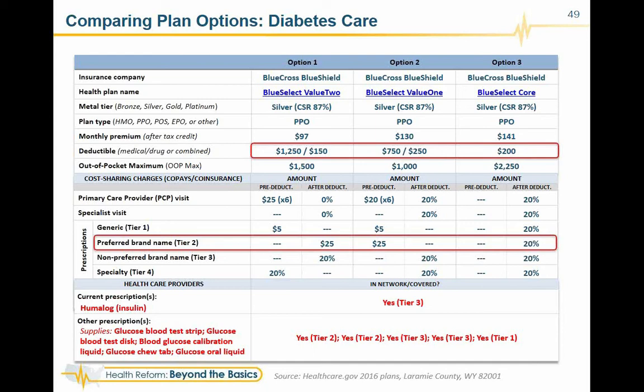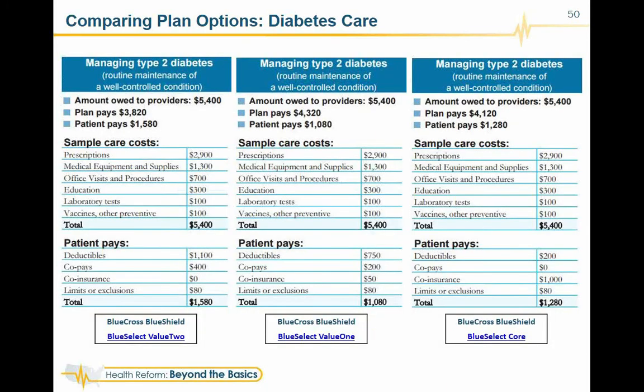To help us get a sense of what the cumulative costs for each of these plans might look like, let's look at the comparison of each plan's summary of benefits and coverage. They have an example of cost sharing for routine maintenance of type 2 diabetes. These sample scenarios are available in all SBCs, and they show how a plan might cover medical care in given situations.